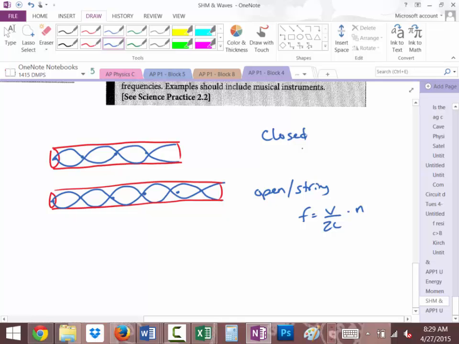A string's going to have a node at both ends, so it's the same situation. Go back and look at your notes. I can talk you through it some more if you need to. For a closed tube, it's V over 4L times N, but N has to be odd.